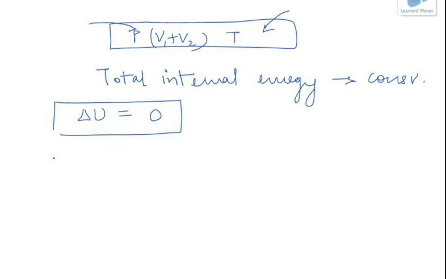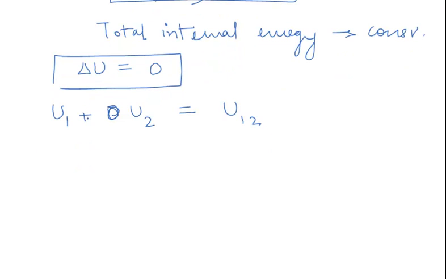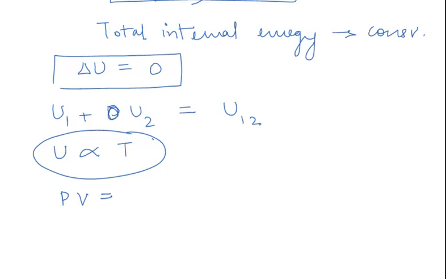So that means the internal energy of the gas in the first chamber plus the internal energy of the gas in the second chamber will be equal to the final internal energy of the combination. We also know that internal energy is a function of temperature, and for an ideal gas, PV is equal to nRT.